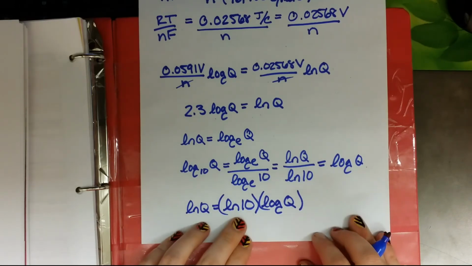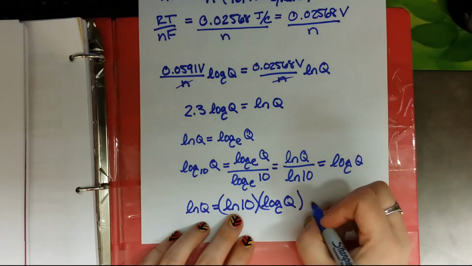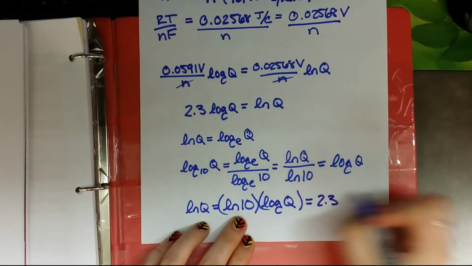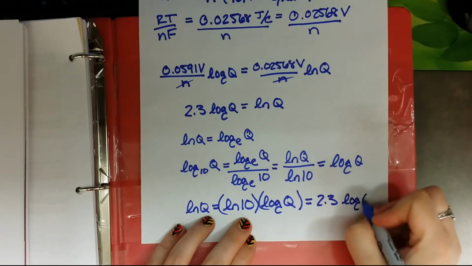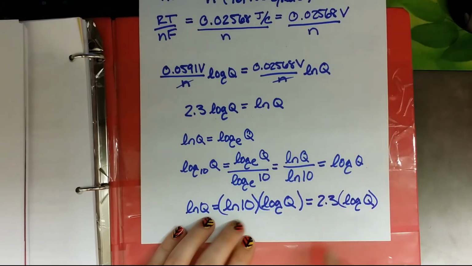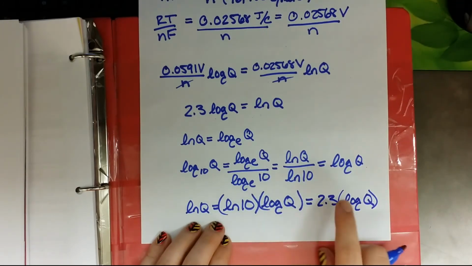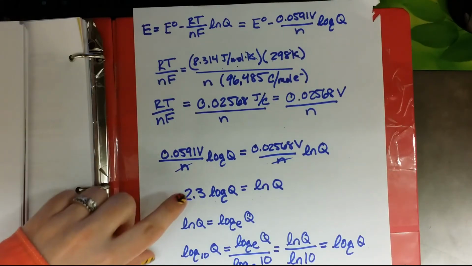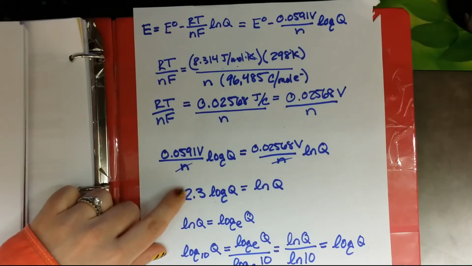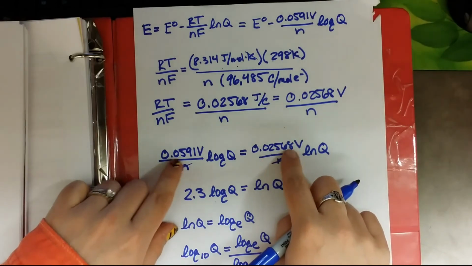And if you take your calculator and find what ln of 10 is, it is 2.3. So natural log of 10 is 2.3, and that is where this 2.3 is coming from for the difference between these values.